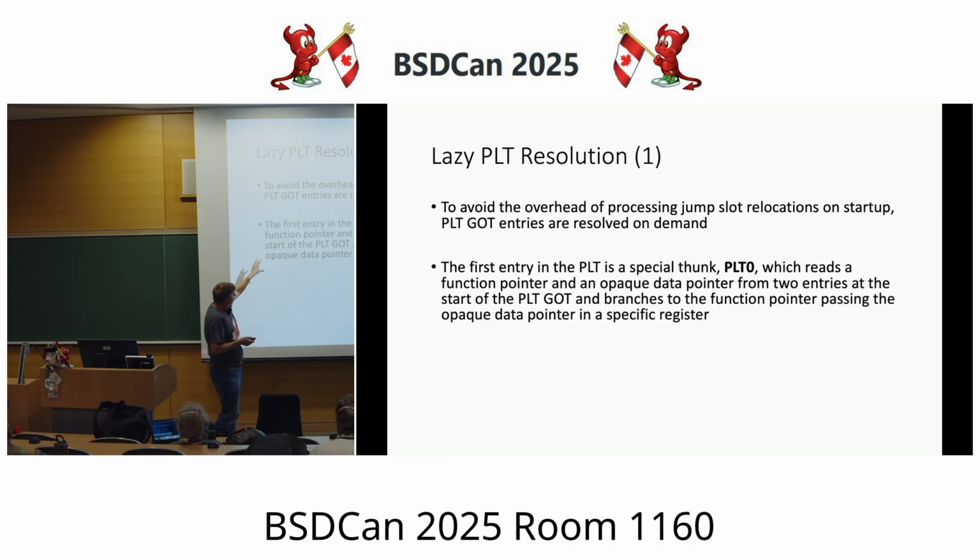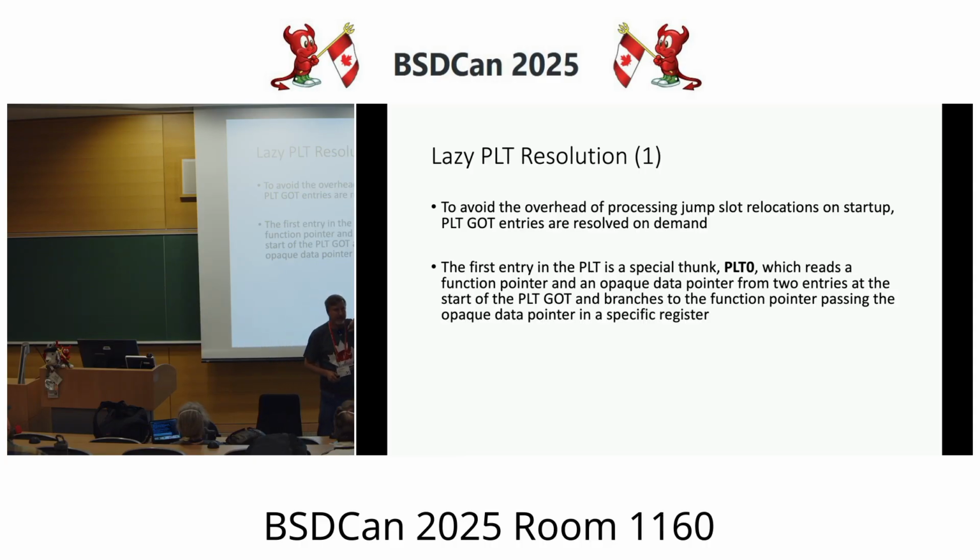So the first entry in the PLT is actually kind of special. It's usually a bit longer. It's not just 2 or 3 instructions. And it's a special kind of thunk called PLT0. What PLT0 does is it reads a couple of entries from your PLT GOT, usually at the very beginning. One is a function pointer, and one is some kind of opaque data pointer. And the way the PLT thunks work, the normal stubs, when they're configured at startup, don't jump directly to the target function.